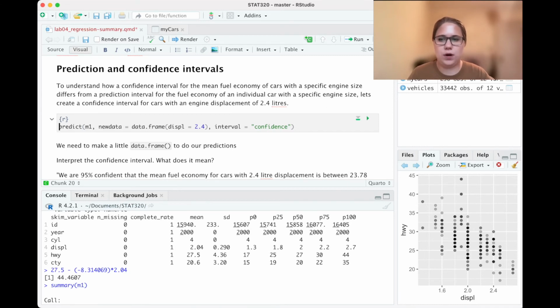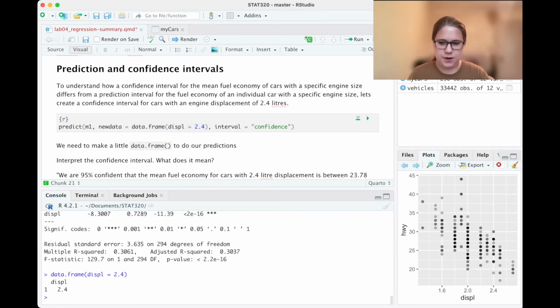So here's how it works. I do predict, and then I give it the name of my model, in this case M1, and then I have to do some new data. And what my new data is a data.frame, which is a tiny little mini data set. So if I paste that in here, it's a data set. It has one observation and one variable.